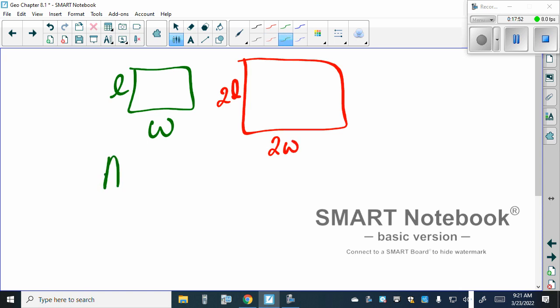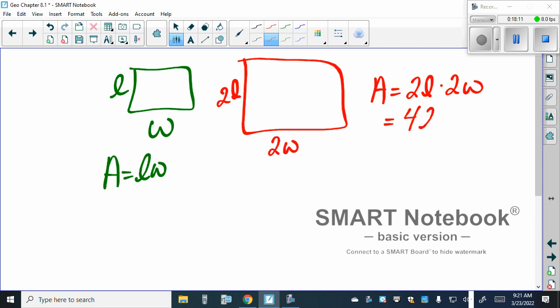Well, area for a rectangle is length times width, yes? Now the area for our new one over here is equal to 2L times 2W, yes? 2 times 2 is? This is our new area.